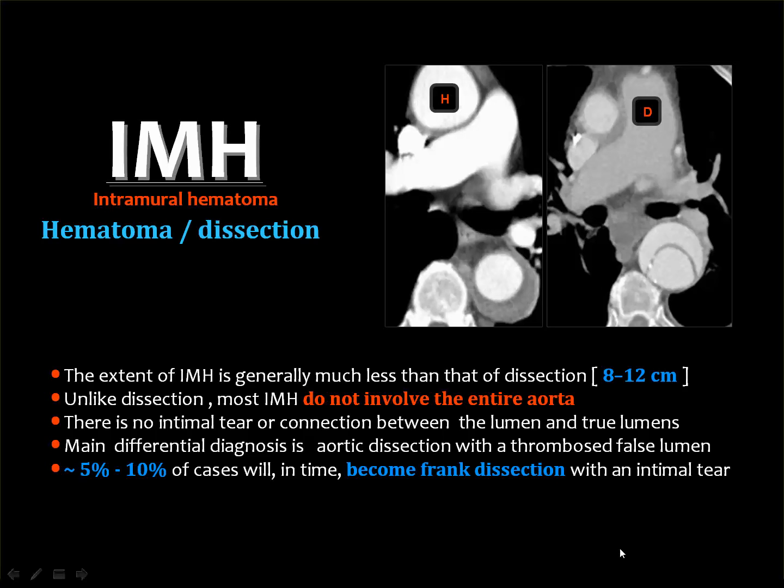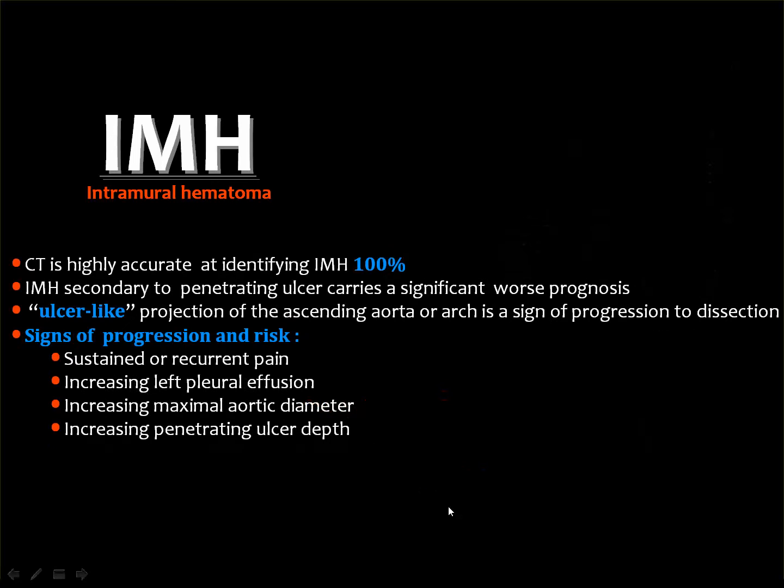Then about 5 to 10% of cases will in time become frank dissections. Then the major differentiating point for the time being is just to look at the pre-contrast scans, which I think are obtained routinely to adjust at least the dose of contrast injection in the CT angiographic studies.